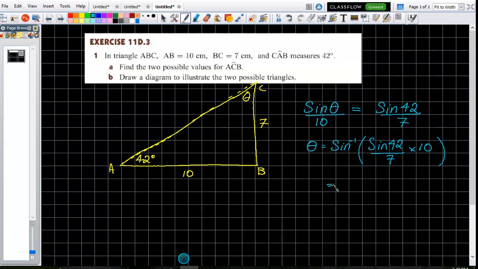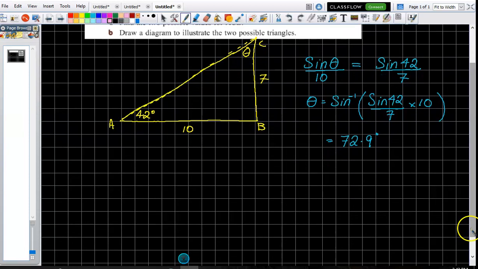Get a pen. Okay, so now we actually have to check. Every time we use the sine rule, we're going to check, could there be a second solution? So this is the tricky, difficult thing. You go 180 minus 72.9. 107.1.